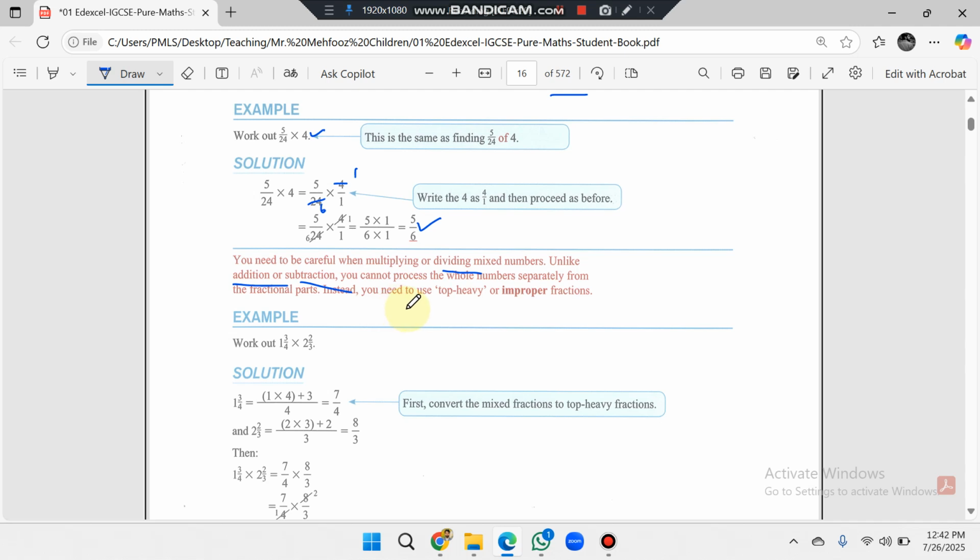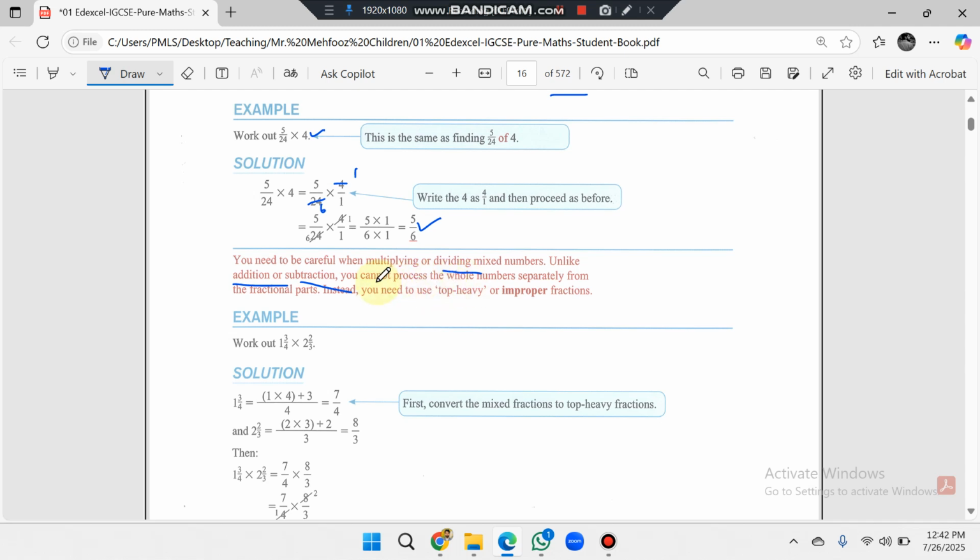So when we have mixed fractions, we have to be careful about multiplication and division. In addition and subtraction there are simple methods, but in multiplication and division we have to convert first, then multiply or divide.